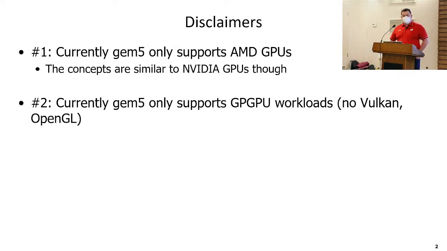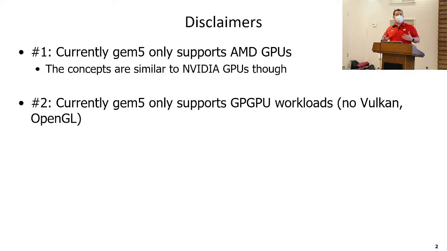The answer is no. Right now, gem5 supports AMD GPUs. Offline, if people want, we can talk through all the minute differences between AMD GPUs and NVIDIA GPUs, but from a functionality perspective and what we're going to talk about today, the concepts are pretty similar. So just up front, if you're running GPUs in gem5, that means you're running AMD GPUs.